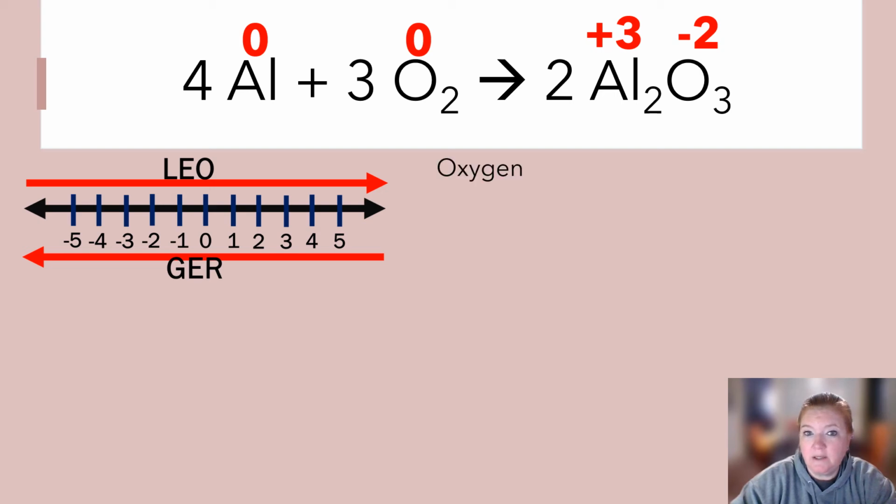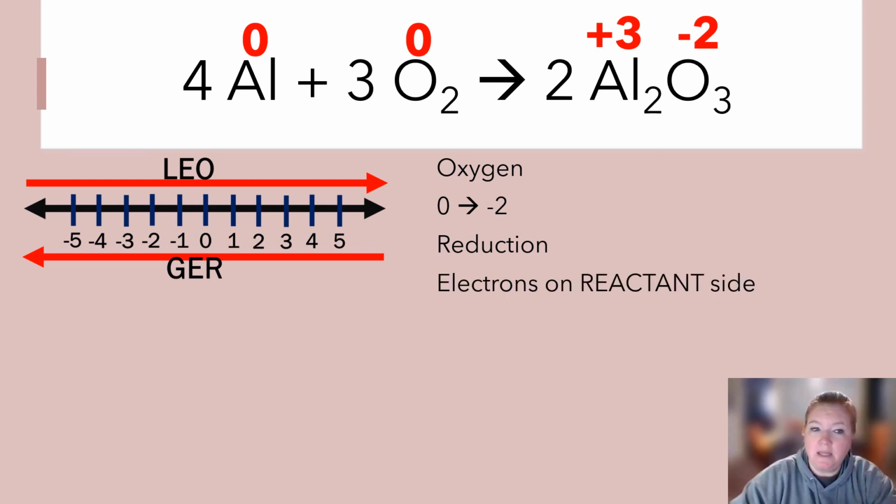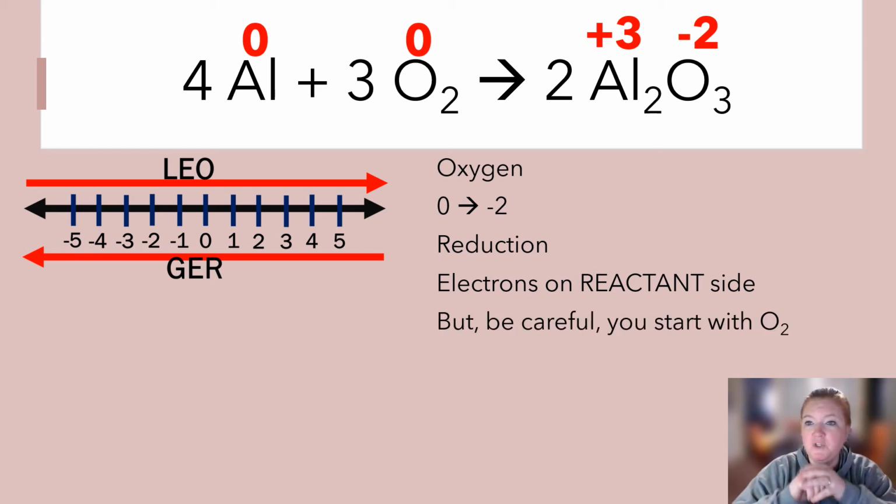All right, let's look at oxygen. Oxygen changed from 0 to -2. That shows reduction, and the electrons belong on the reactant side. But we have to be careful here because we started with O2. You can see Al was just single, but O is O2. So from 0 to -2, that's 2 electrons.